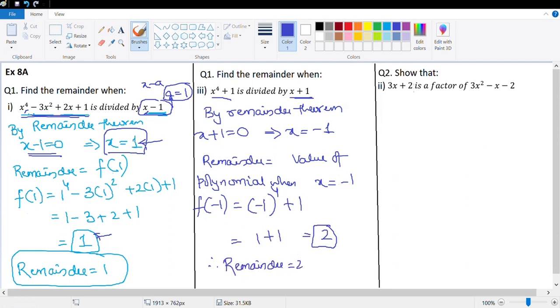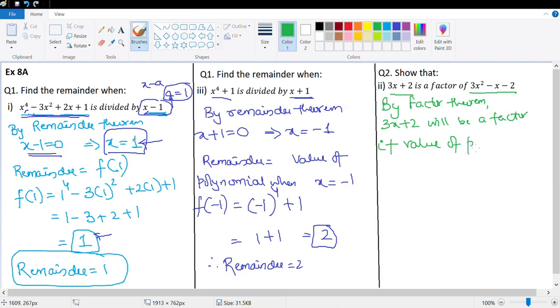Good. Let's look at the next question. The next question is question number 2, part 1. It says show that 3x plus 2 is a factor of 3x squared minus x minus 2. So by factor theorem, 3x plus 2 will be a factor if the value of the polynomial when x is equal to negative 2 by 3 is 0.